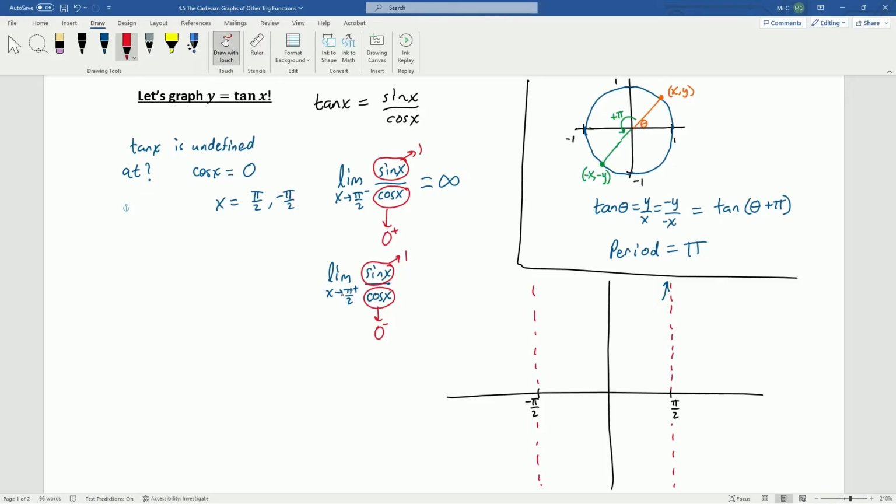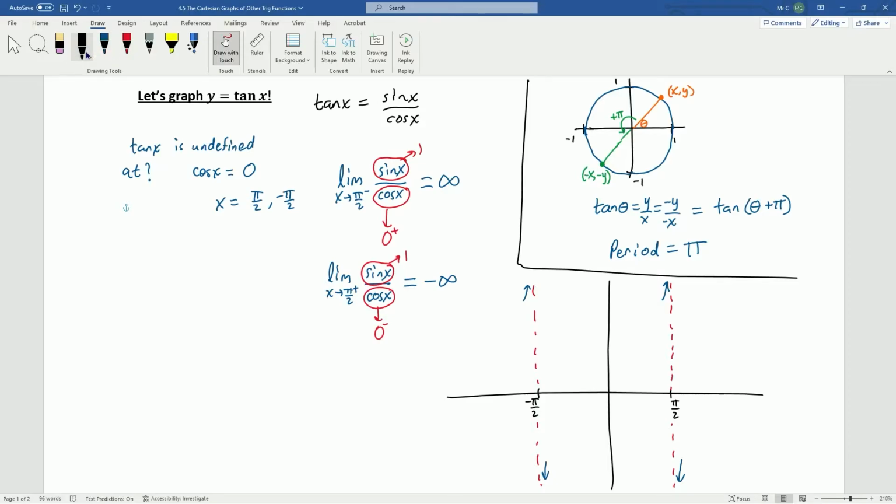Because we're looking at angles bigger than pi over 2, that puts us in the second quadrant, and we know that cosine is negative in the second quadrant. So this gives us negative infinity. So from the right side of pi over 2, our graph is pointing down like that. And since our period is pi here, if I go over here to negative pi over 2, this will be pointing down, and this will be pointing up.